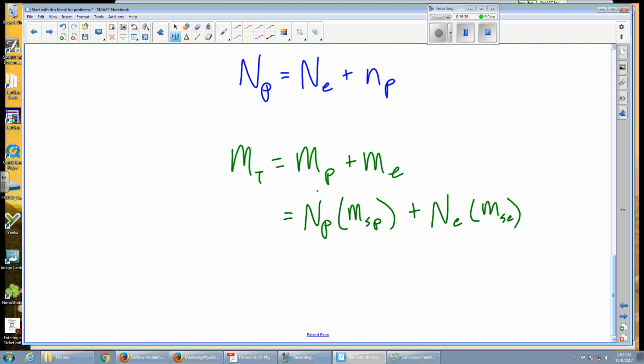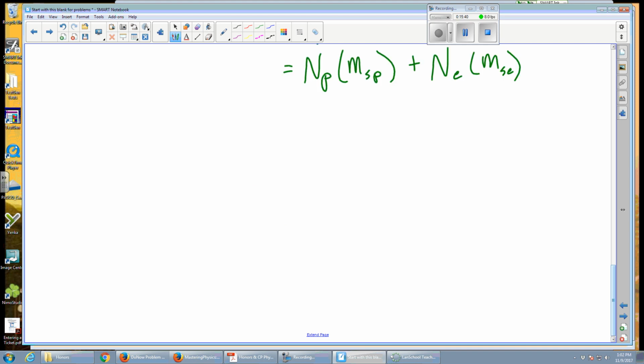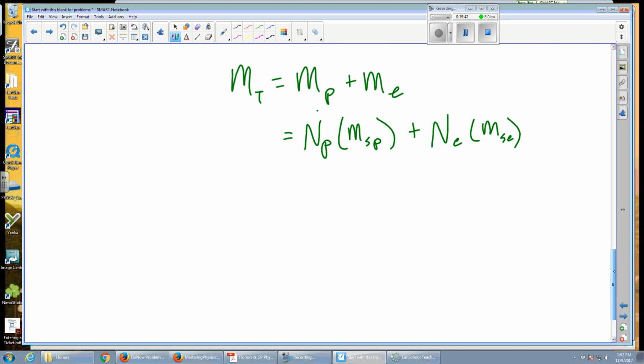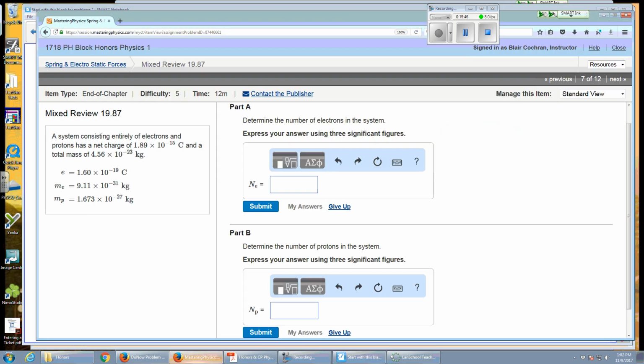So, we know lots of this stuff, right? We know the total mass. Total mass for me is 4.56 times 10 to the negative 23rd kilograms.